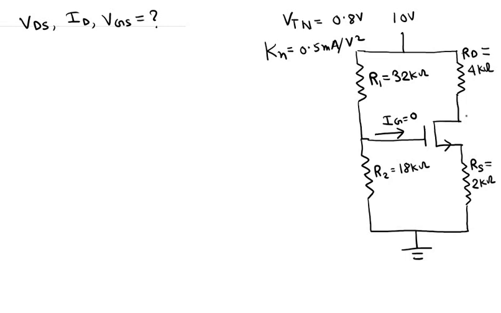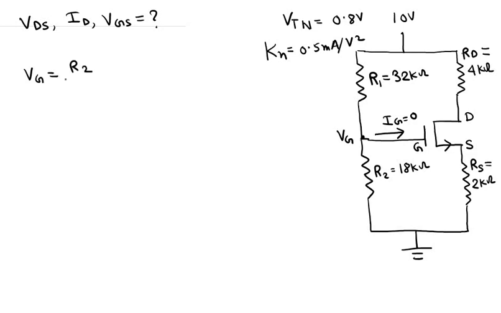So I again repeat, this is our drain terminal, this is the source terminal, and this is the gate terminal. The current flowing into the gate is 0. So the voltage at this point, which we can write as VG because it is connected to the gate, can be written by a very simple equation.